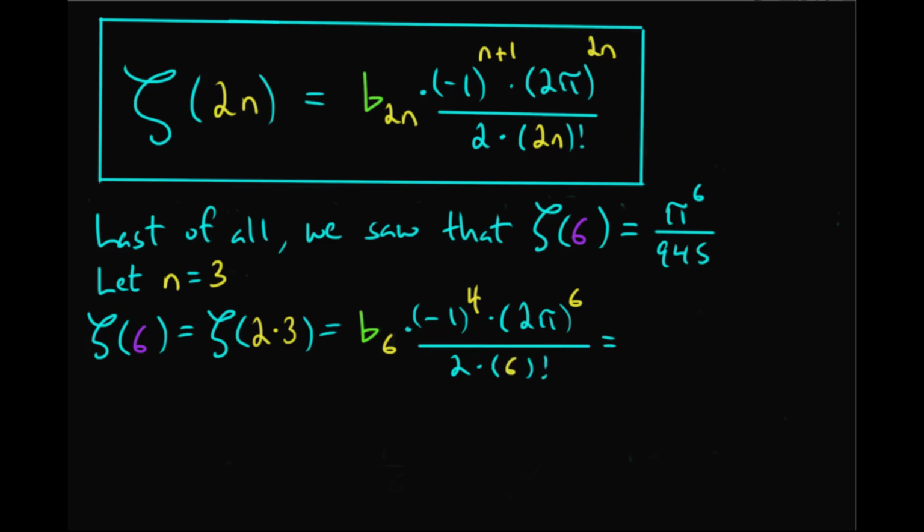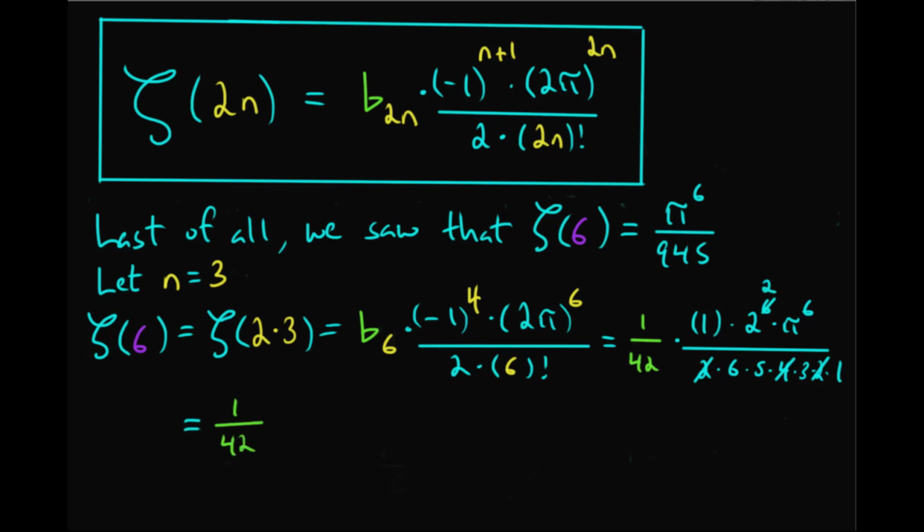So this will be 1 over 42 times 1, positive 1, times 2 to the 6th times pi to the 6th, all over 2 times 6 times 5 times 4 times 3 times 2 times 1. And then when we cancel powers of 2, we find that this equals 1 over 42 times 4 pi to the 6th over, I'll just factor 6, so 3 times 2, times 5 times 3. Those are the remaining factors that survive in the denominator.